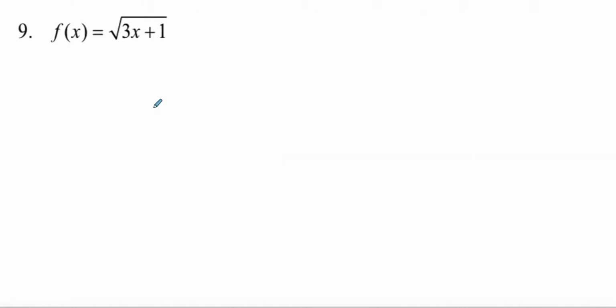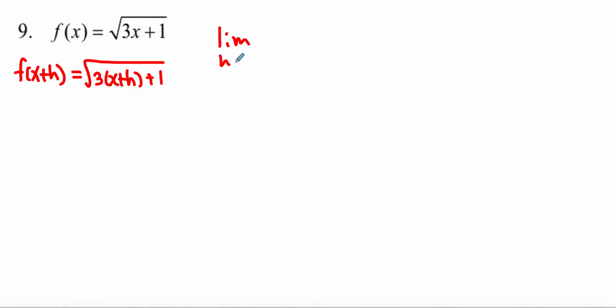Square root of 3x plus 1. So first of all, we have to realize what f of x plus h is. Then here we get square root of 3 times x plus h plus 1. Then same as before, limit as h approaches 0 for the first expression.